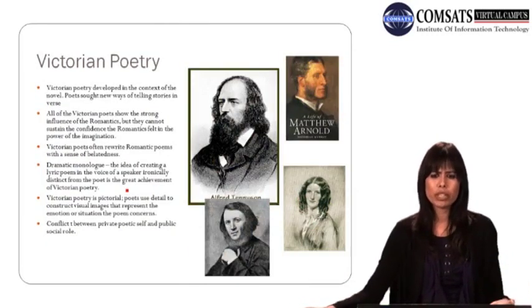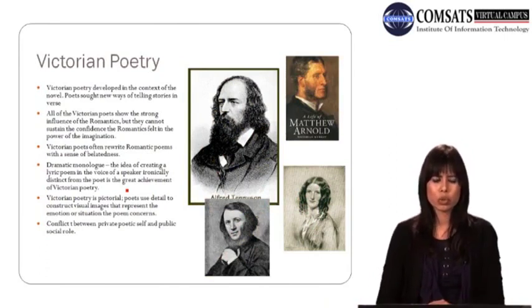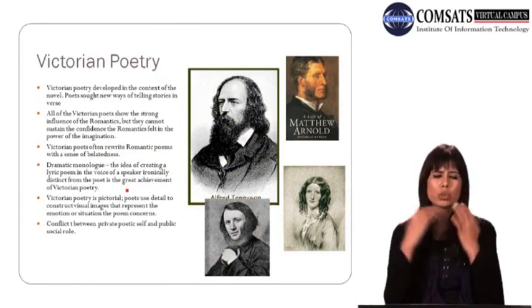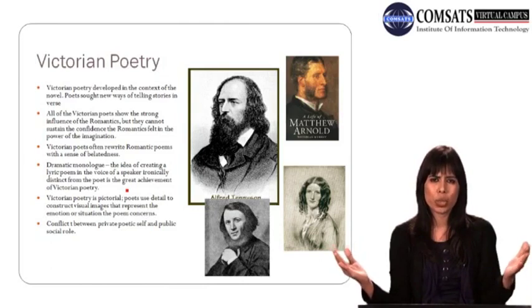Victorian poetry. Victorian poetry developed in the context of the novel. Poets sought new ways of telling stories in verse. So my dear students, again this is a kind of storytelling.